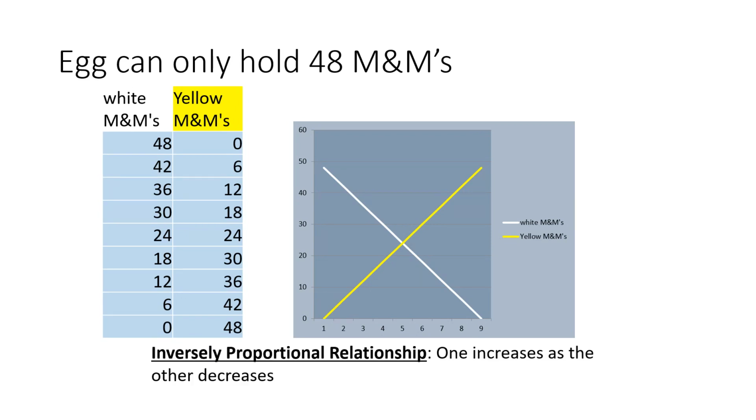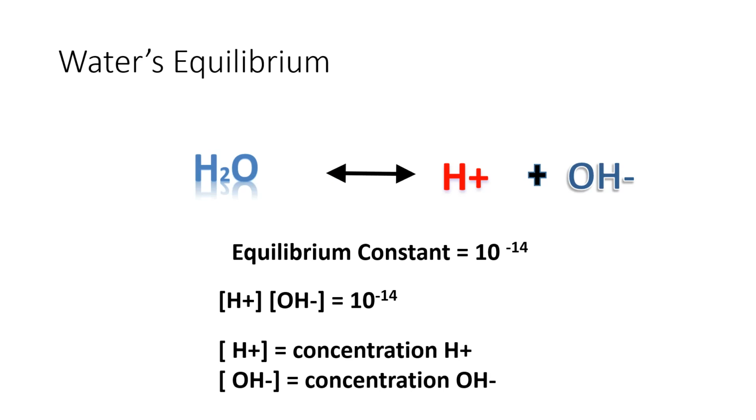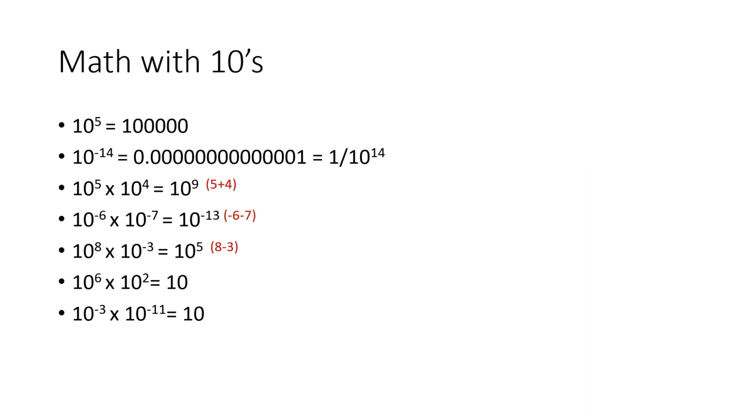So if I told you that the H plus concentration times the OH minus concentration equals a constant that's 10 to the minus 14, then as one of these goes up, the other one has to go down, because they're stuck by this constant.